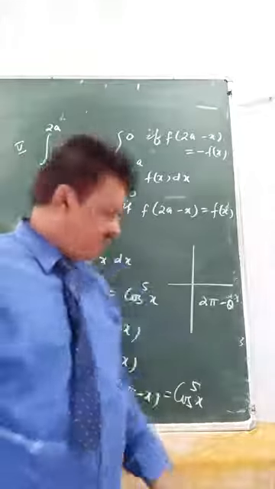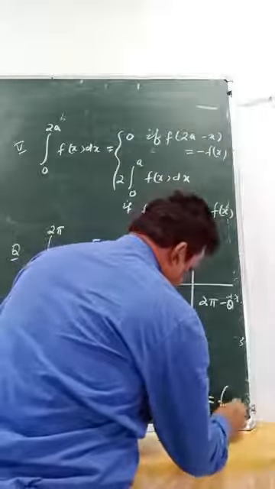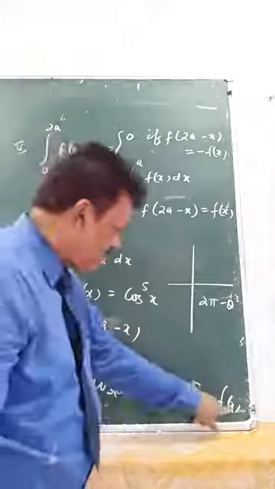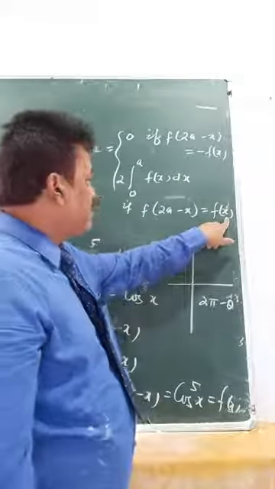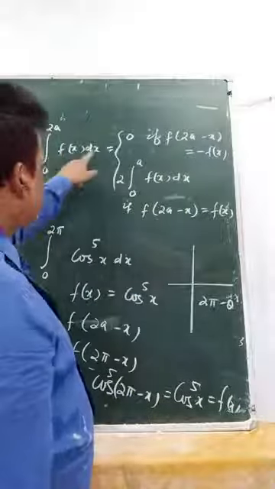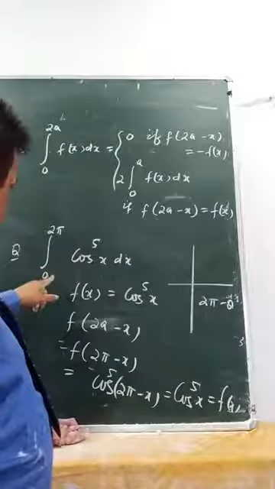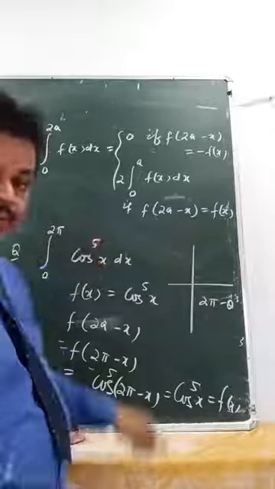Cos 50x means it became f(x) for you. So what did you get? f of 2a minus x became f(x). If f of 2a minus x becomes f(x), this will be reduced to 2 times 0 to a. That means this will be reduced to 2 times 0 to pi cos 50x.